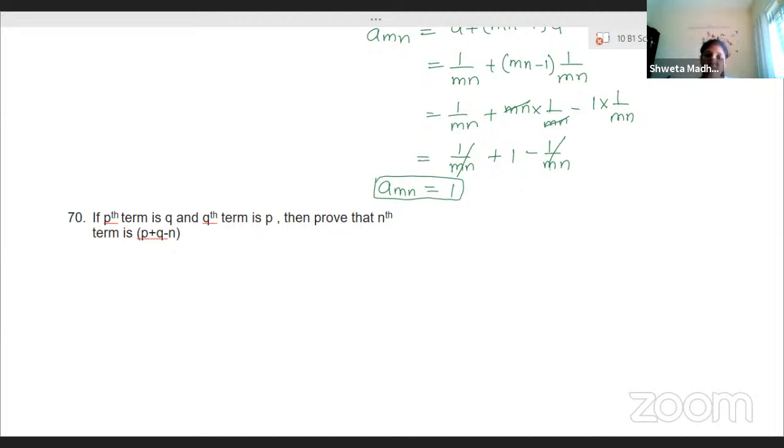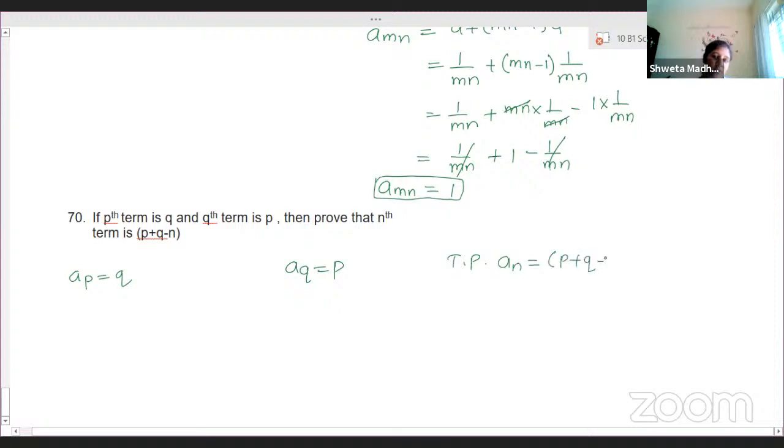Then nth term of it is P plus Q minus N. You have to prove. So Pth term means AP is equal to Q and AQ is equal to P. What we have to prove? Nth term AN is equal to P plus Q minus N.